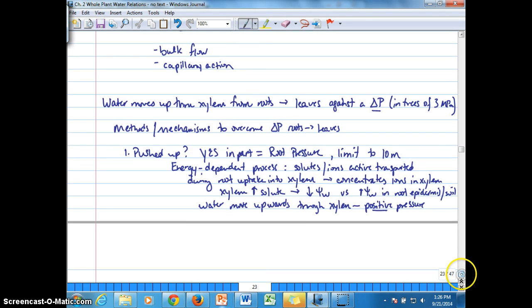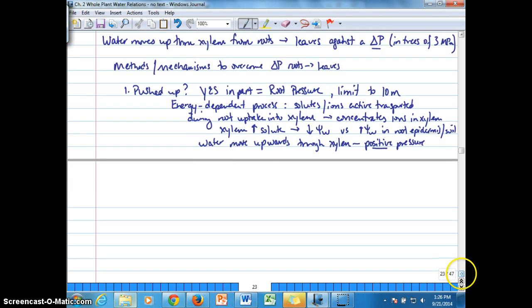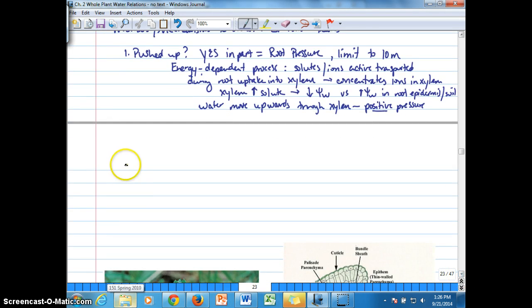And so we'll go to the next page here with our notes. Transpiration, which is going to be the primary mechanism pulling water up to the leaves, generates negative pressure.